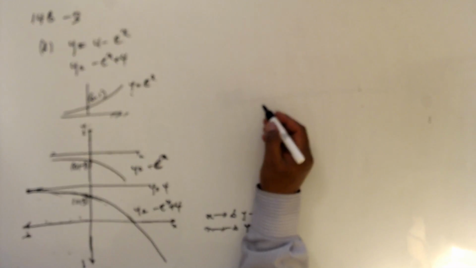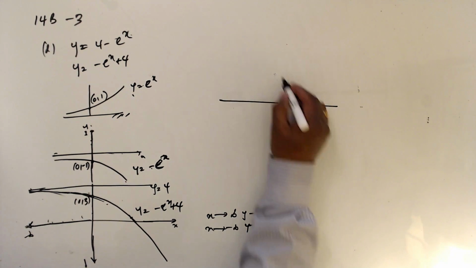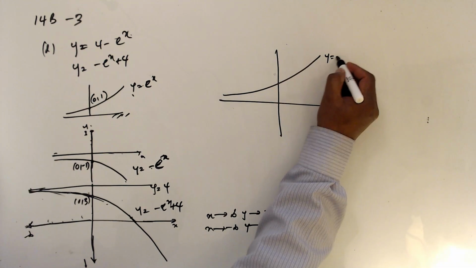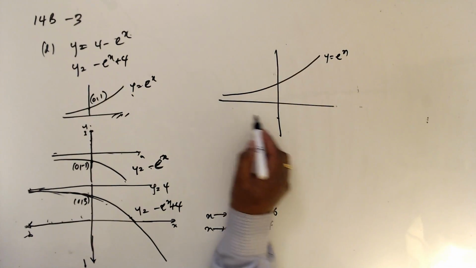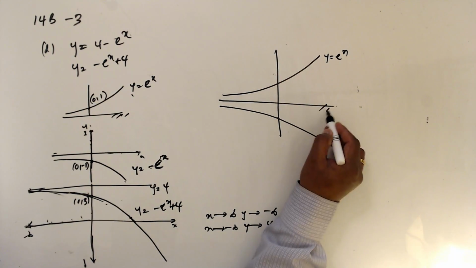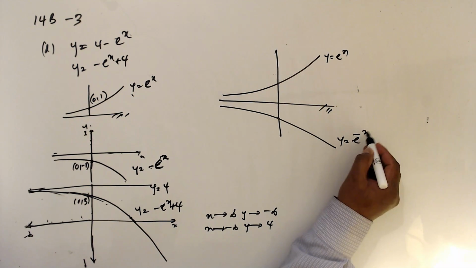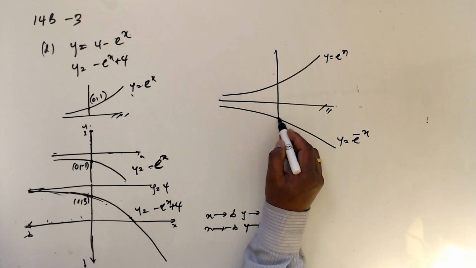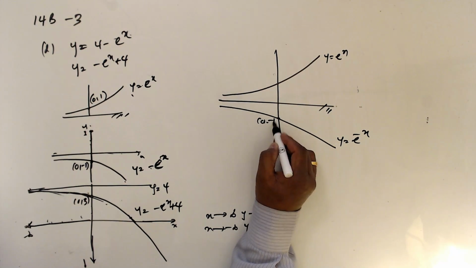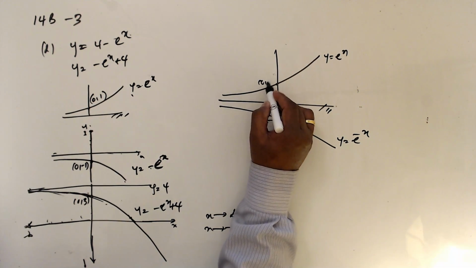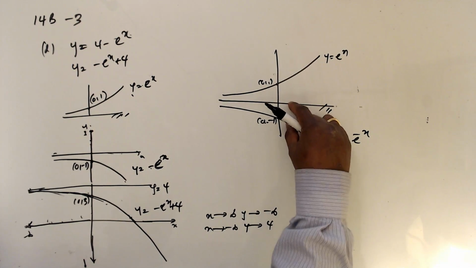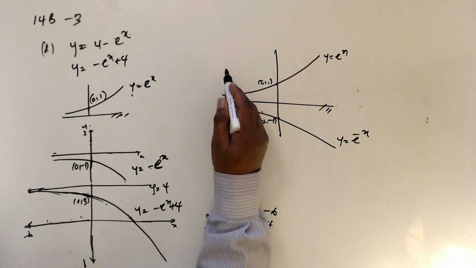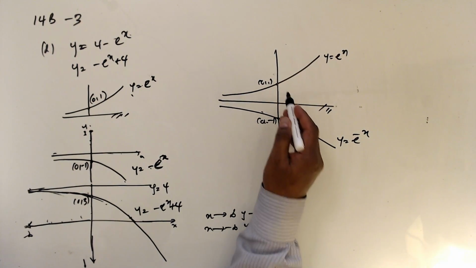If I draw this in one graph, this is y equals e to the x. Then the mirror reflection, y equals minus e to the x, and I want to shift this one 0, minus 1. This is 0, 1. This shift is 4 units up. So every point I want to move 4 units up.